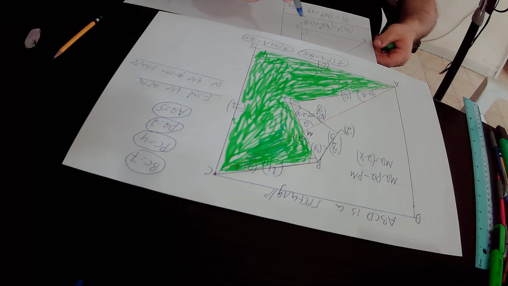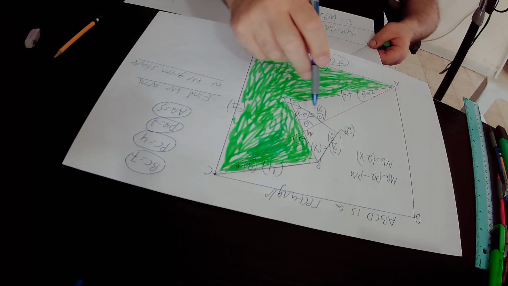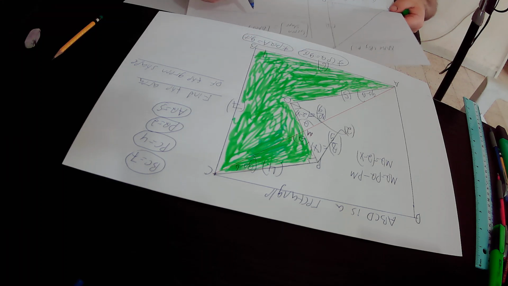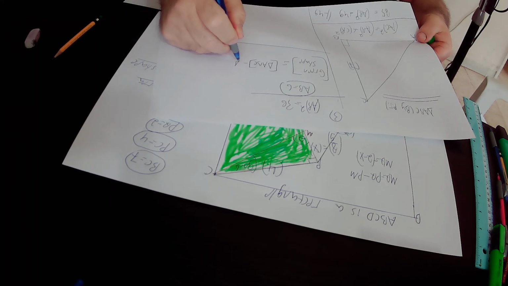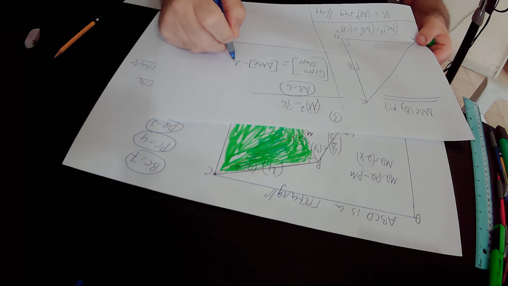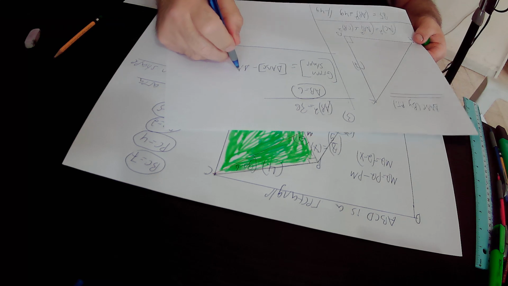So it is minus the area of the white triangle AMQ.